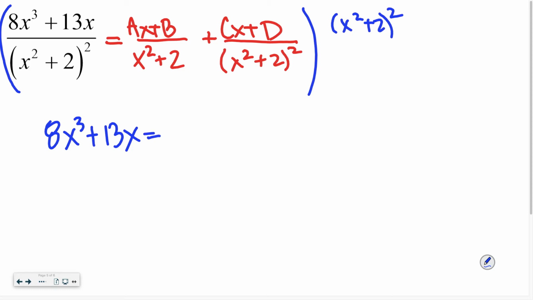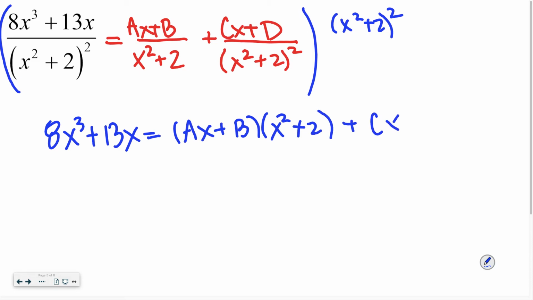When we multiply by this first ax plus b fraction, one of the factors will cancel with the denominator. So remember, don't forget to put that guy in parentheses. And then cx plus d, the denominator cancels completely and there's nothing left to multiply.